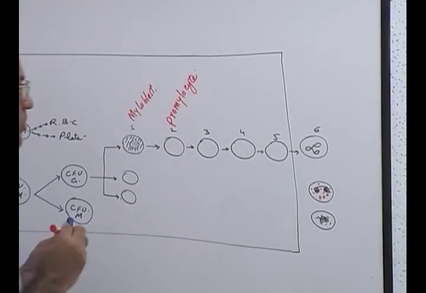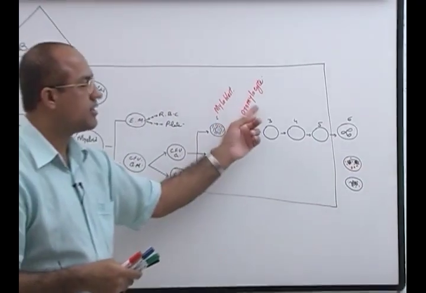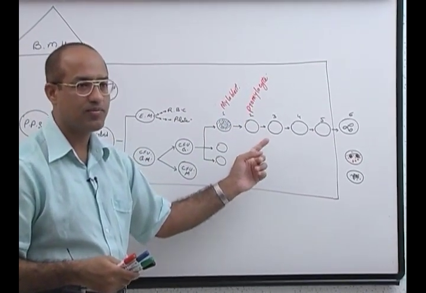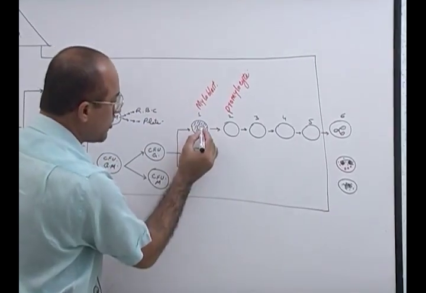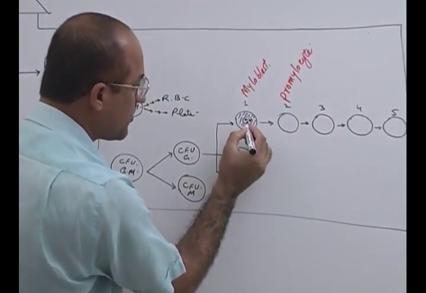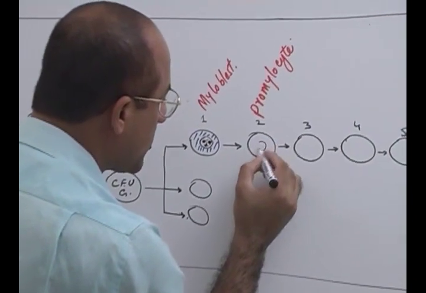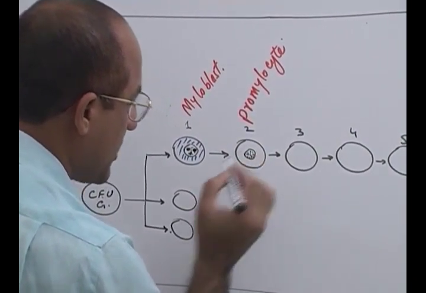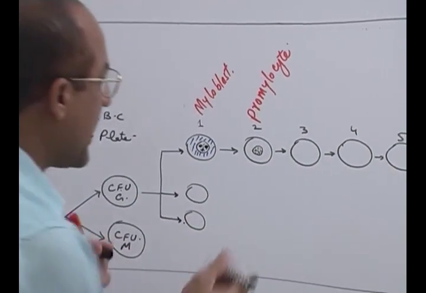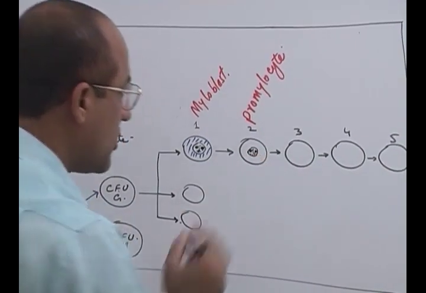Promyelocyte means just before the myelocyte. Okay, I didn't tell you, in myeloblast there are multiple nucleoli also, right? In this case, even though the nucleus remains somewhat open, I mean euchromatin is still there, the nucleoli number become less, right?